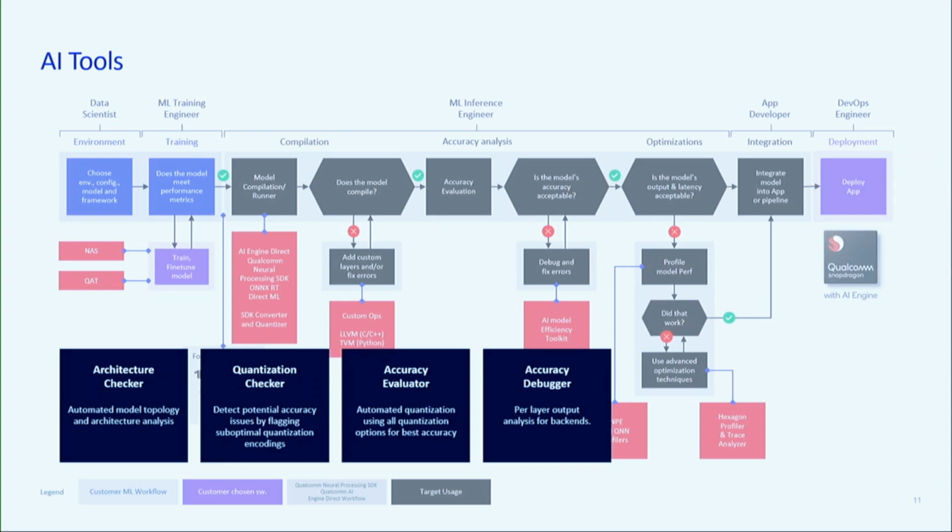Quantization Checker detects potential accuracy issues in the models, which helps in correcting encodings before deploying the model on the device. Accuracy Evaluator automates quantization using different options to determine the best accuracy. Accuracy Debugger provides per layer output analysis to identify operators or nodes with low accuracy.